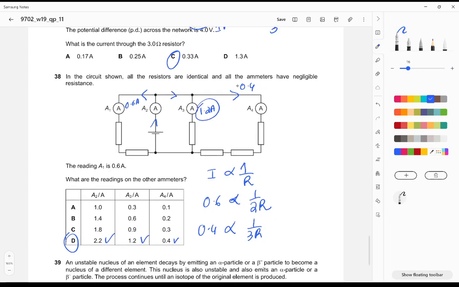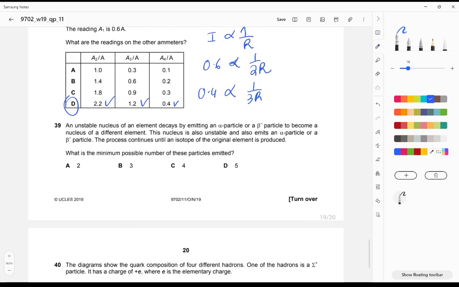If this is 1.2 and this is 0.4, these are moving this way, so if we add these two together, this is going to be 1.6. So 0.6 plus 1.6 gives me 2.2. So this is done. Michael, this was a good question.